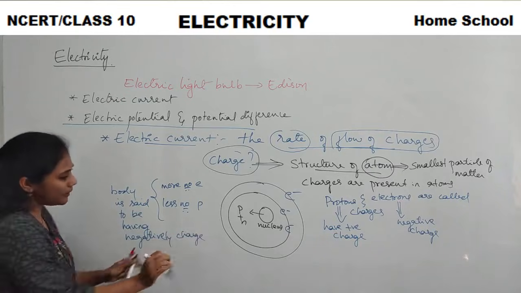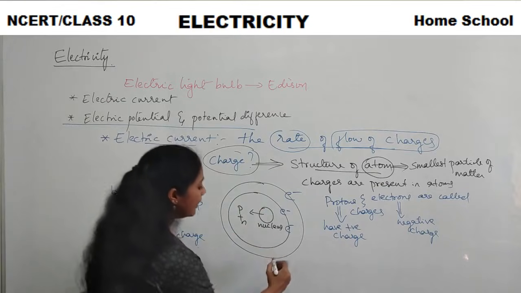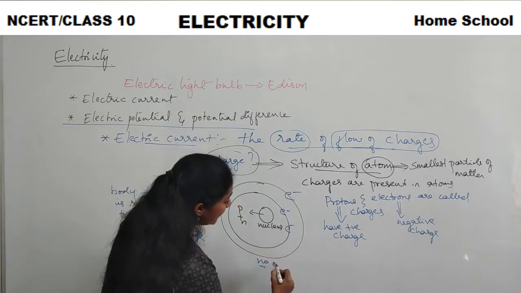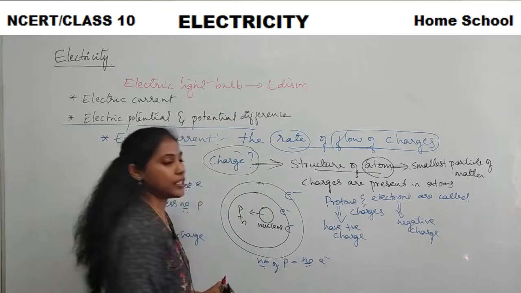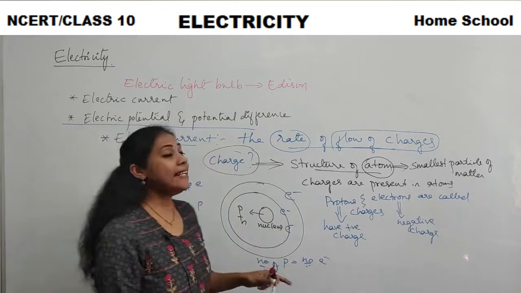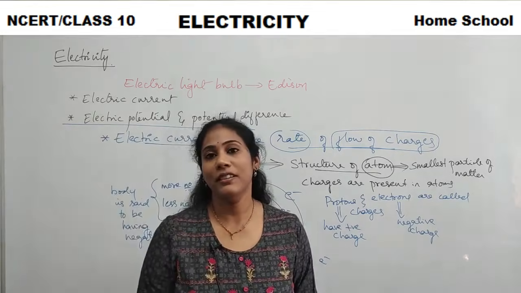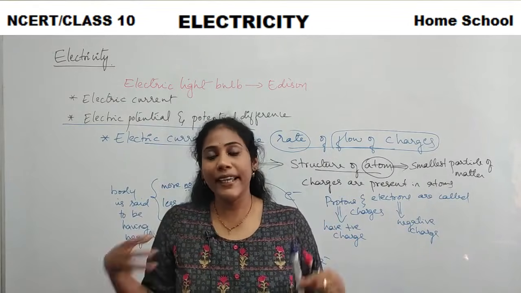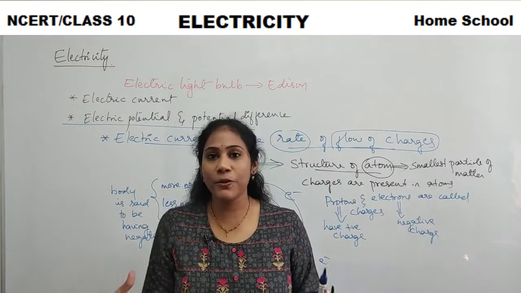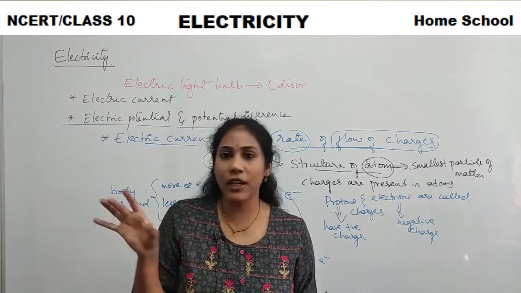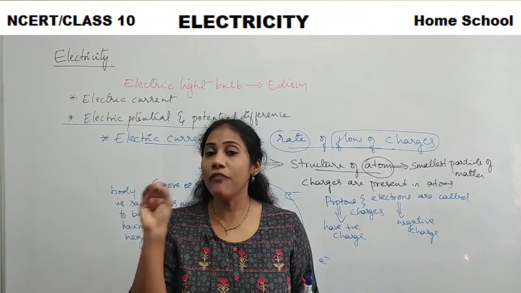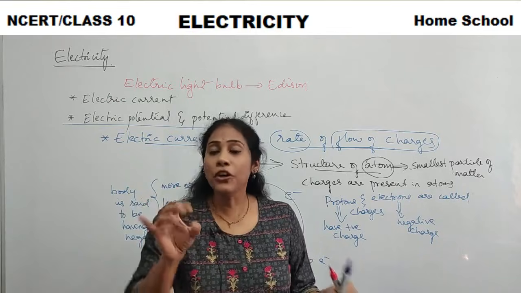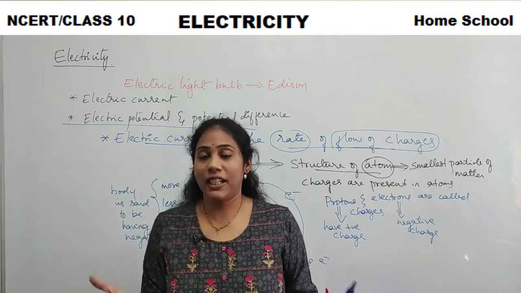Usually in the atom, the number of protons is always equal to the number of electrons, guys. That is the reason the atom is always neutral. In our body, every cell is made up of atoms only. Inside the atoms you have protons and electrons. The number of protons is always equal to the number of electrons, so the atom is neutral.